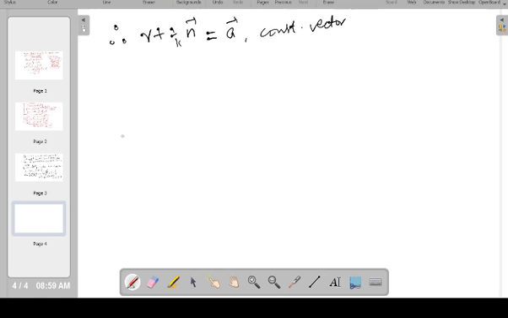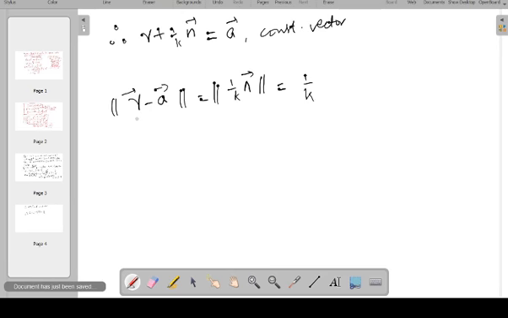Alright. Now look at gamma minus vector A. Take norm of this. What you will get? 1 upon kappa vector n, but norm of vector n is equal to 1, so it is 1 by kappa. That means gamma lies on a sphere.